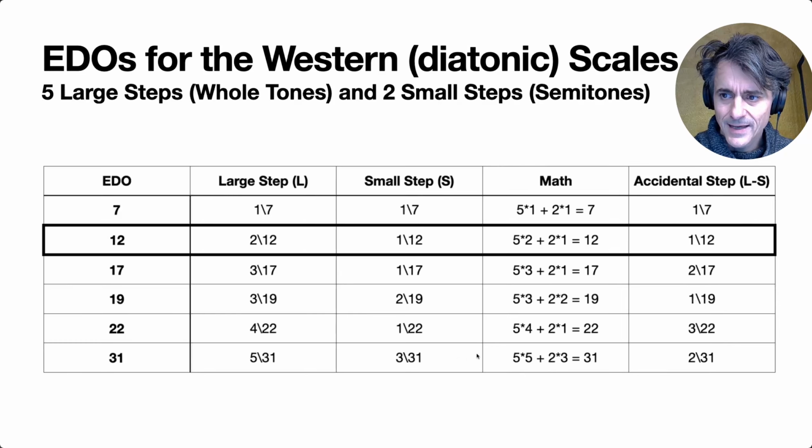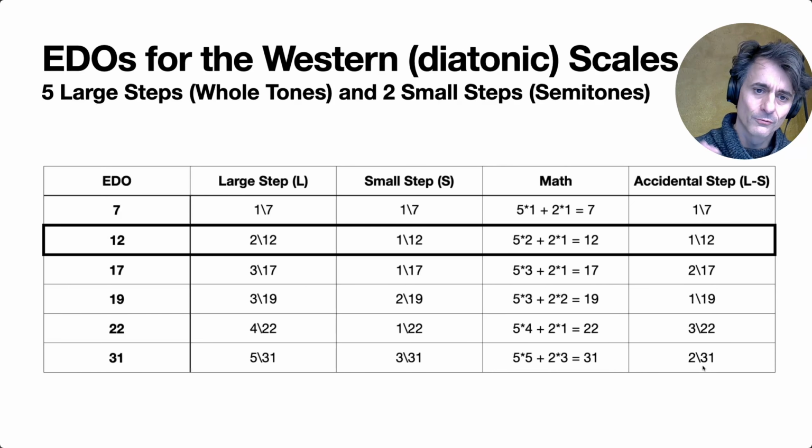And the accidental step is sometimes the same as the small step, for 7 EDO and 12 EDO. For all other choices it's a different number, and it's always equal to the large step minus the small step. So if you want to go from F to F sharp, this is the number of steps you need to apply.